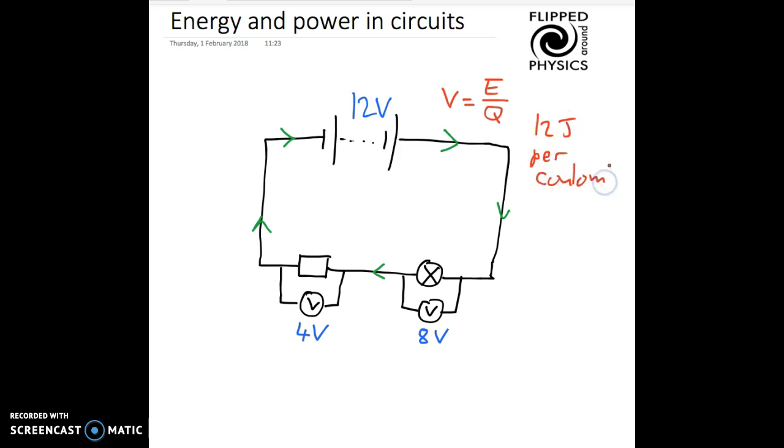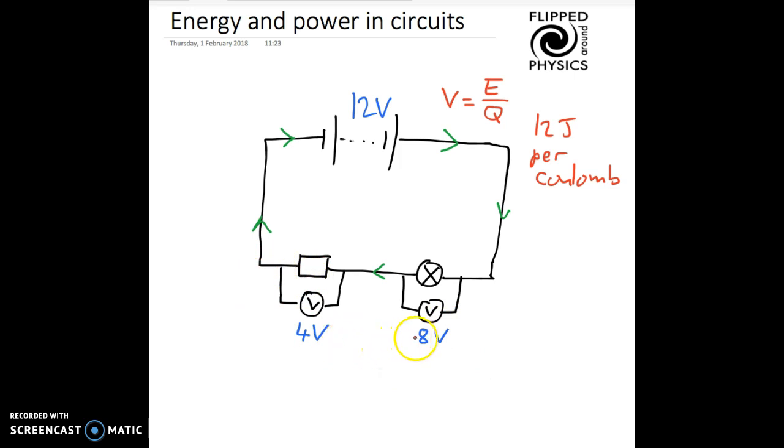So for every coulomb of charge that passes through, it will pick up 12 joules. And that charge flows around, and then the charges will give up their energy first to the bulb, and then the remaining energy to the resistor.